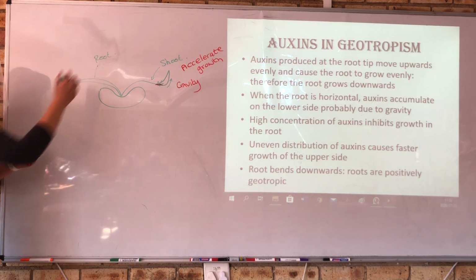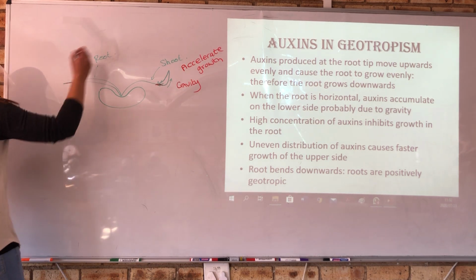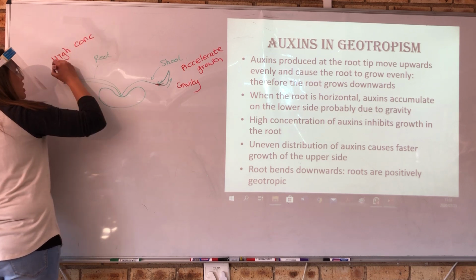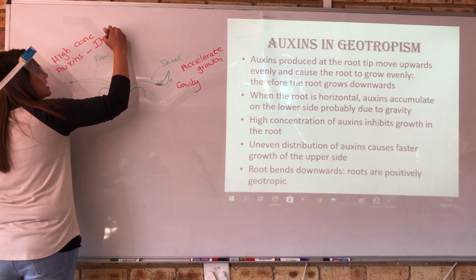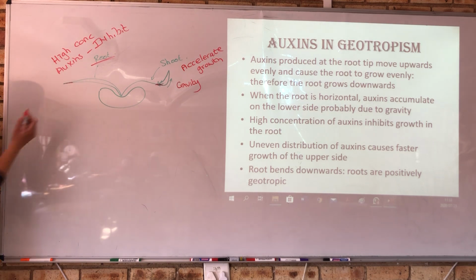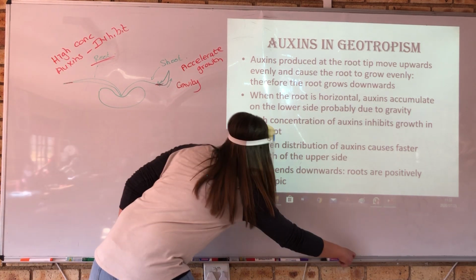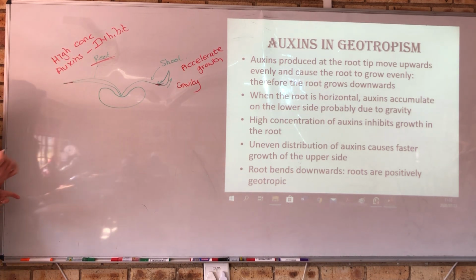What does a high concentration of auxins in the root do, Adam? In a root, a high concentration of auxins will inhibit growth. And so what happens here on this side? Once again, I'm going to do the difference in black. So this is going to slow down. Do you all agree with me?